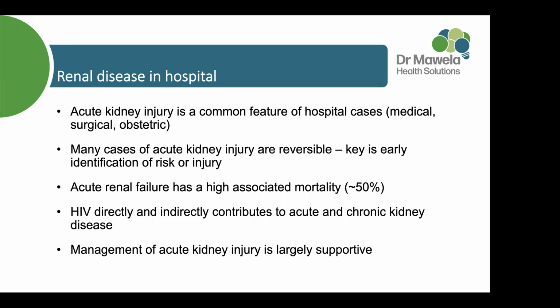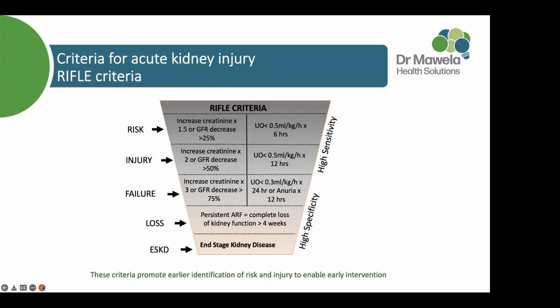So kidney injury is a very important medical condition that we need to monitor. HIV, either directly or indirectly, can contribute to both acute and chronic kidney disease. Therefore, we need to respond timely and effectively when our patients present with some form of kidney injury.